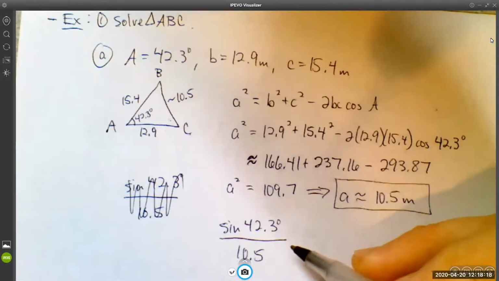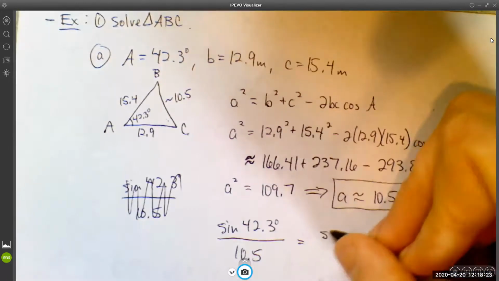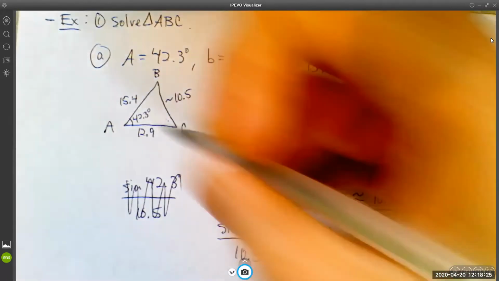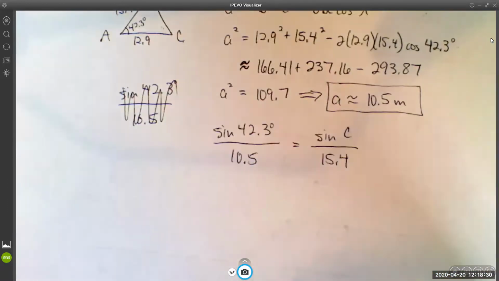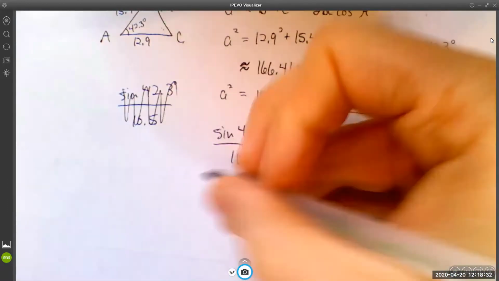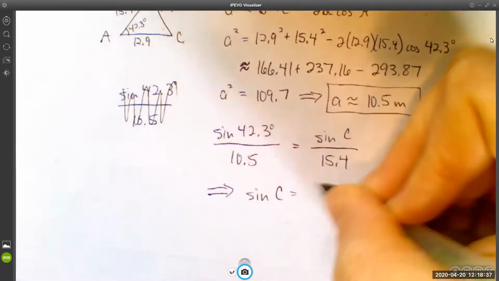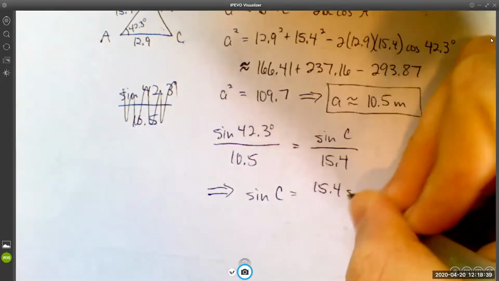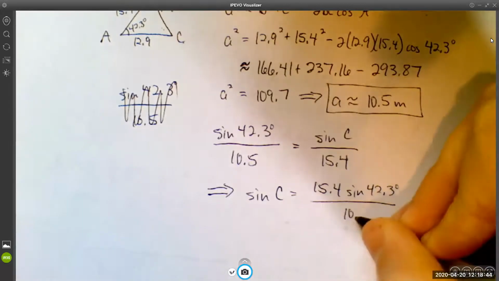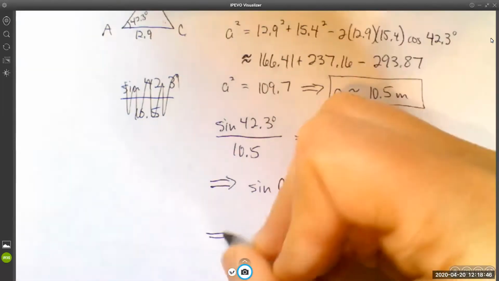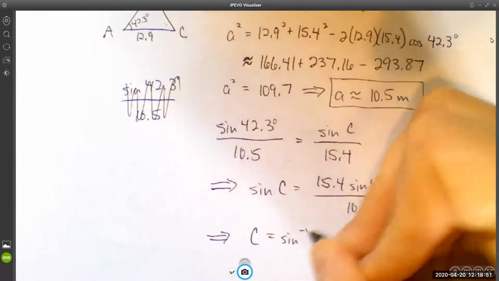So sine 42.3 over 10.5 equals, let's say, sine C over 15.4. I can go ahead and solve for angle C now. So this means that sine of C equals 15.4 sine 42.3 degrees over 10.5. And that means that C is sine inverse of that stuff.